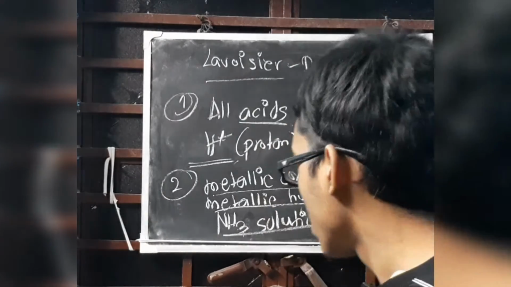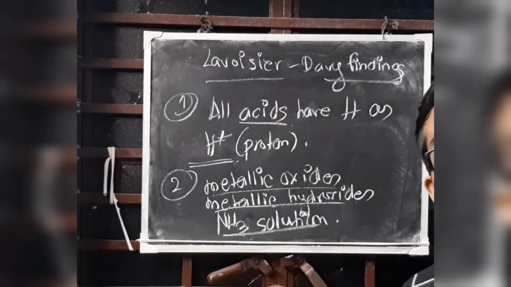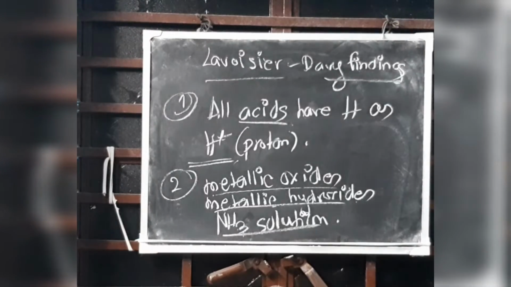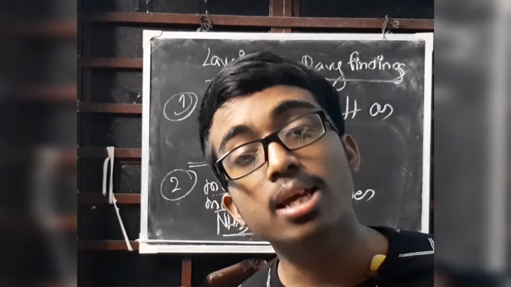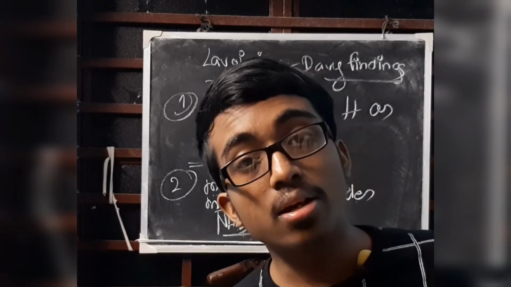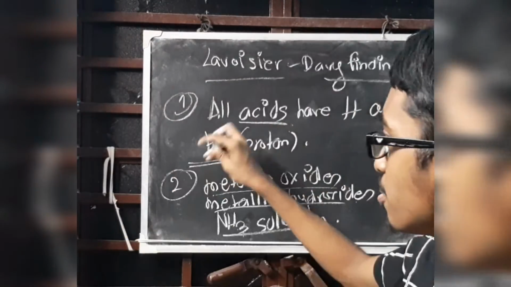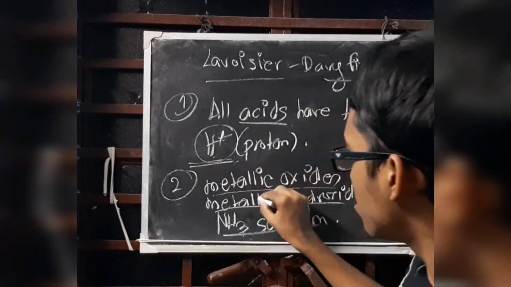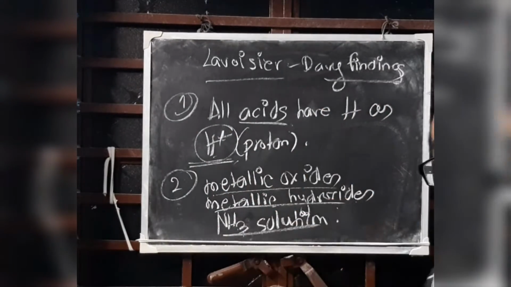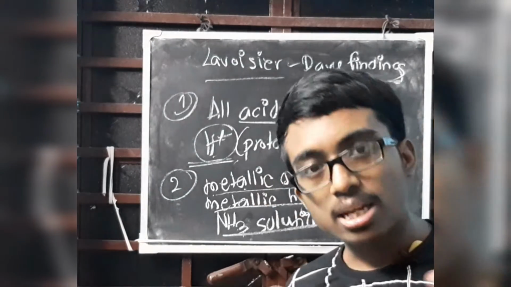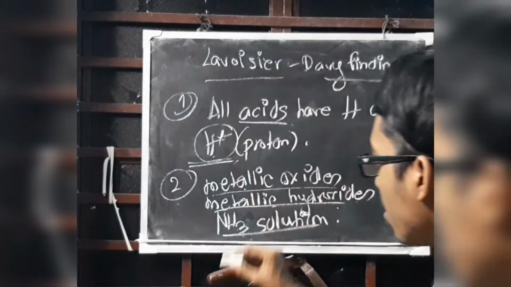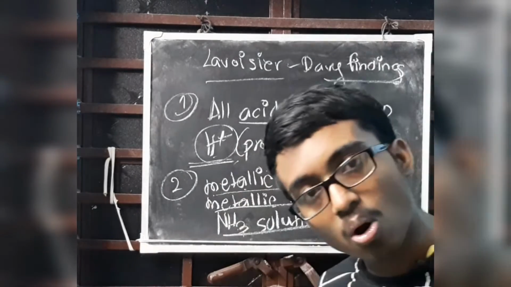Done. They also said something about salts. What did they say about salts? They said that salts are chemical compounds formed by the replacement of this H plus ion by a metallic ion or an ammonium ion.